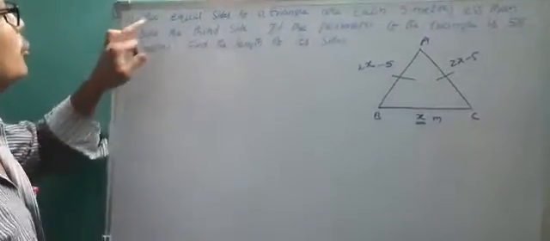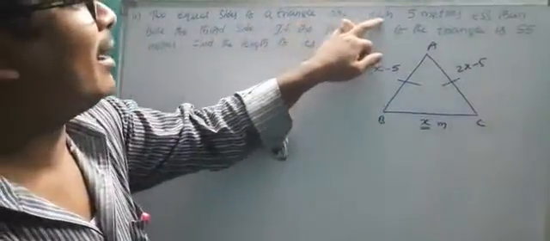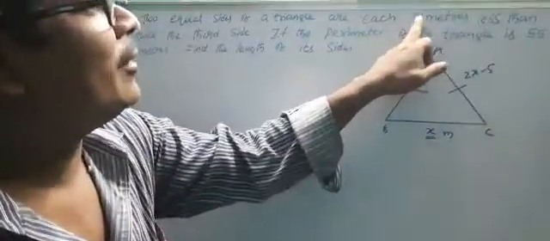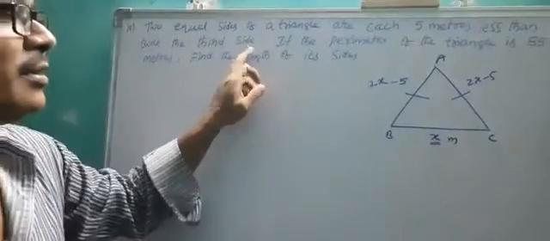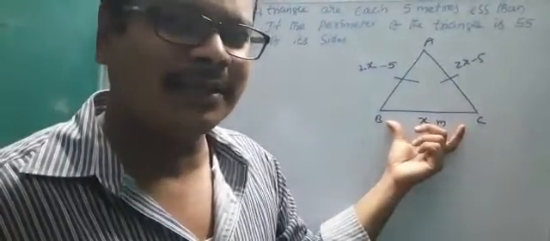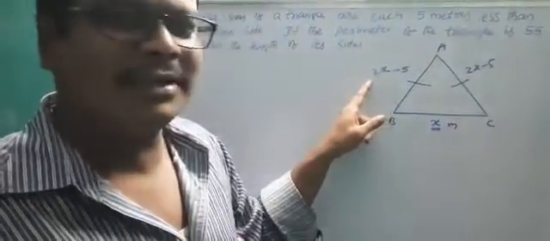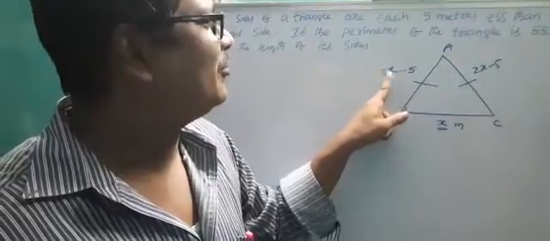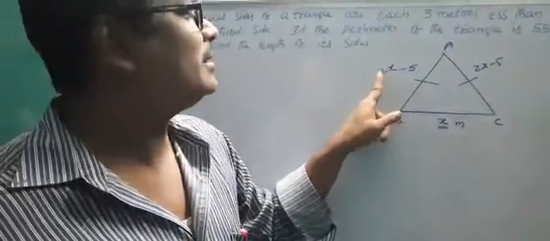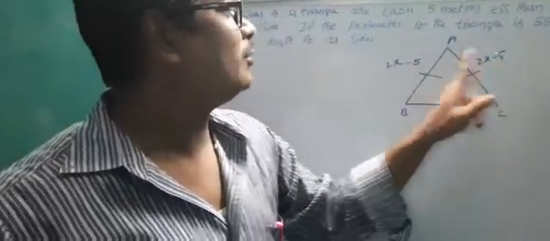Once again, two equal sides of a triangle are each 5 meters less than twice its third side. First we take the length of the third side to be x meters. The equal sides are 5 meters less than twice the third side, so this is 2x minus 5, and this is also 2x minus 5.